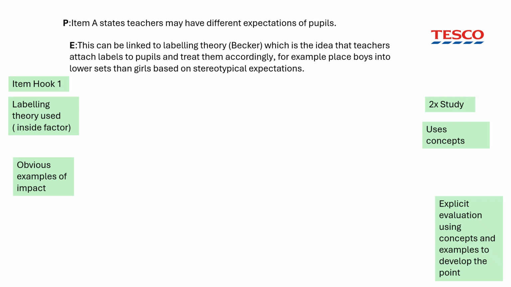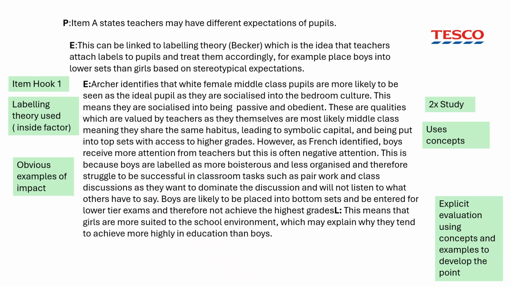And they've already given an obvious example of what an expectation of a pupil might lead to, which is being placed in different sets. Look at the chain of reasoning. Look at how long this student has taken to explain this. So Archer identifies white female middle class pupils are more likely to be seen as the ideal pupil as they are socialised into the bedroom culture.